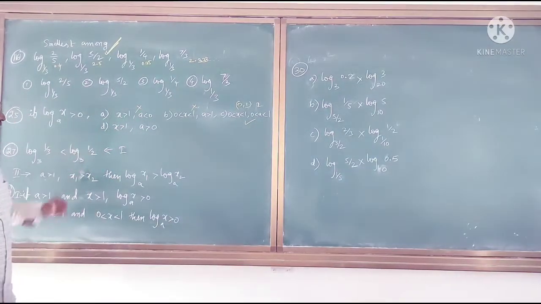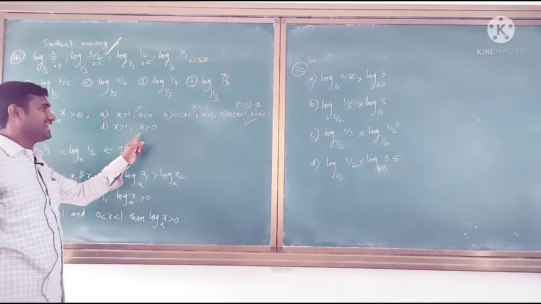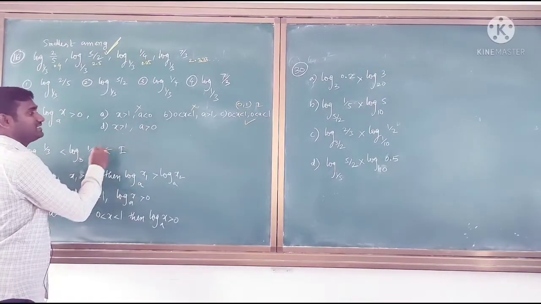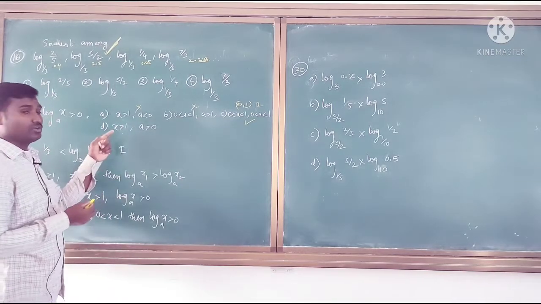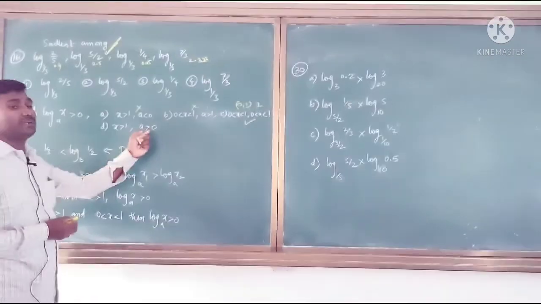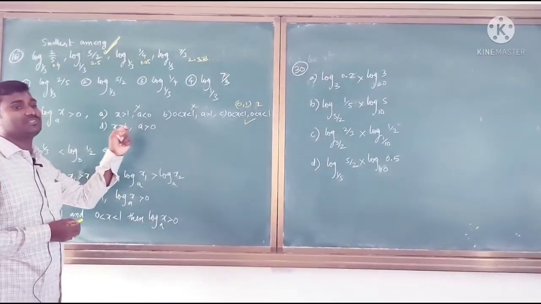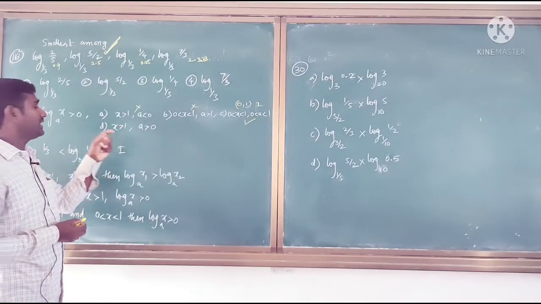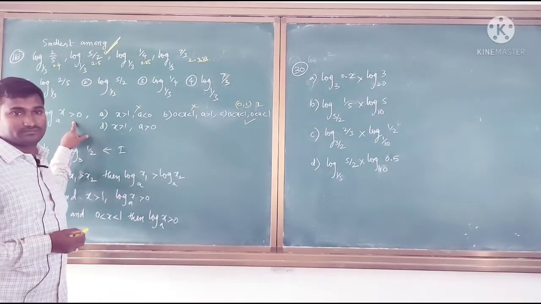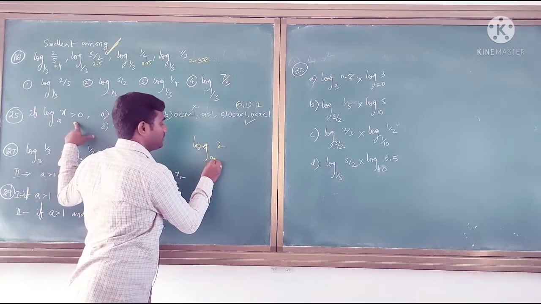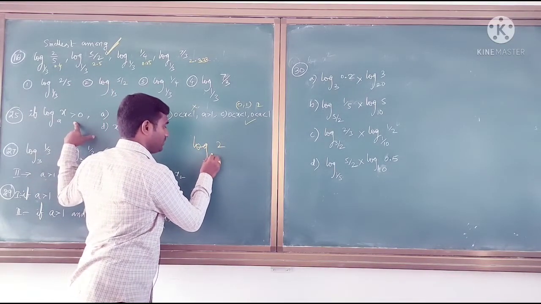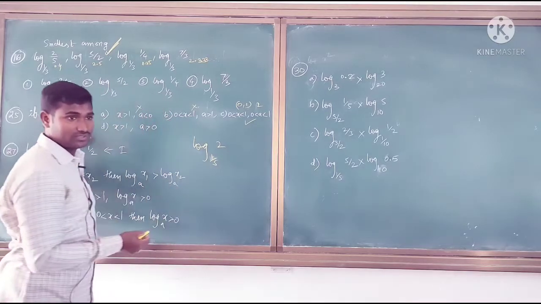Next, fourth option: x is greater than 1, a is greater than 0. A greater than 0 means it may be 0.5 also. If x is greater than 1 and a lies between 0 and 1, it becomes negative. Suppose, for example, log 2 to the base 1 by 5. So this is negative only.